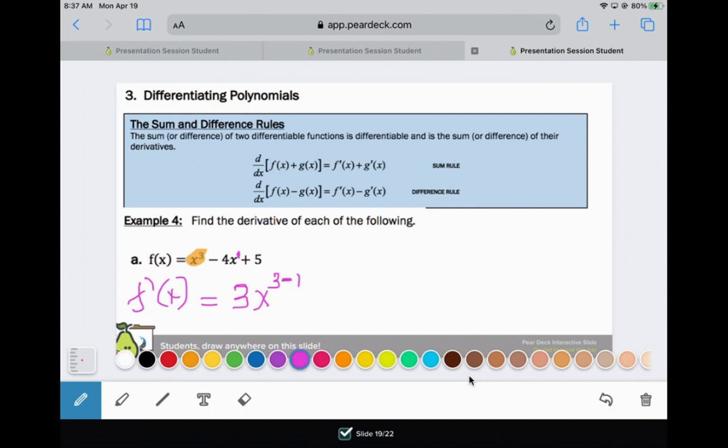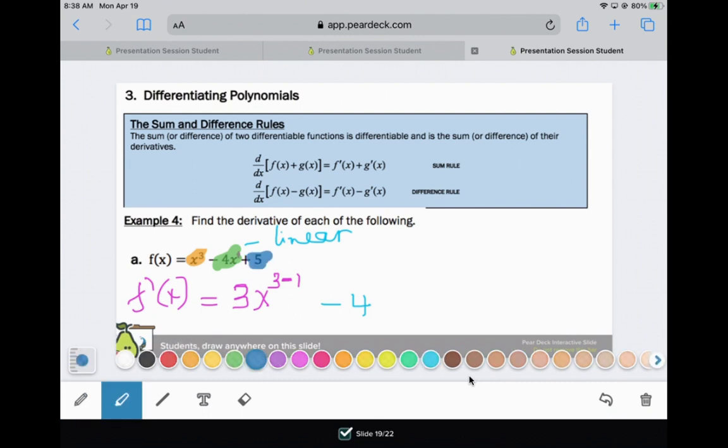Okay. Now I'm going to move on to my next term right here. I'm doing the same thing. I know this one, if you look at this one, is the power of 1. This one is the linear function. It's the linear function, so I know I'm looking at the coefficient, which is the slope, which is 4. Okay, and then remember the last one is the constant.